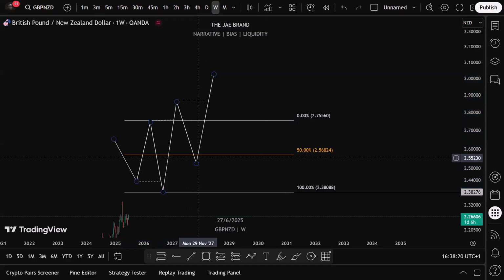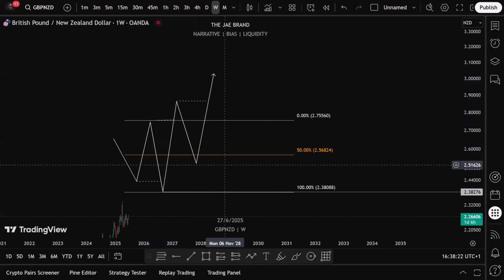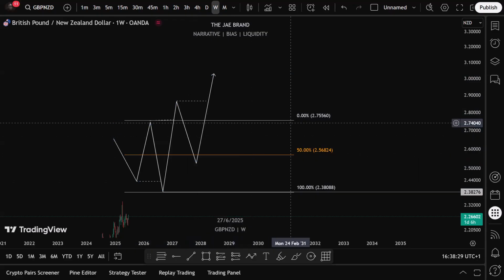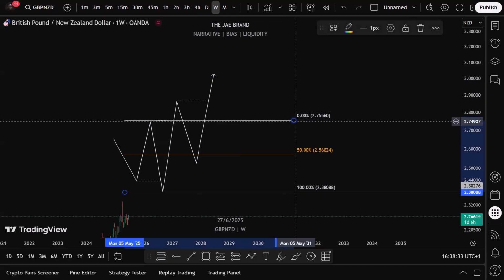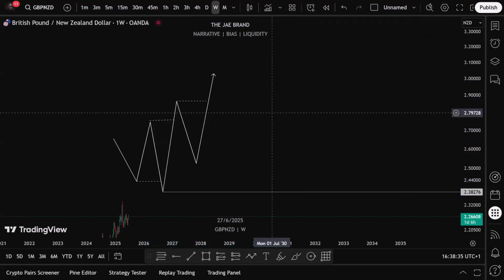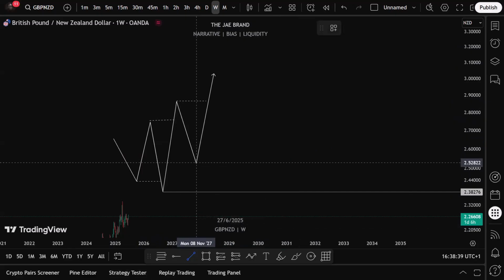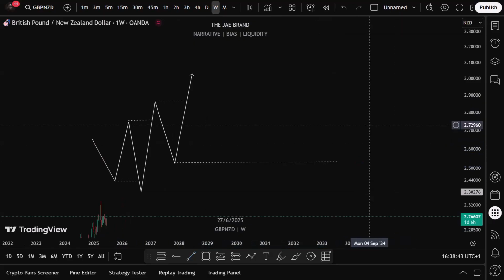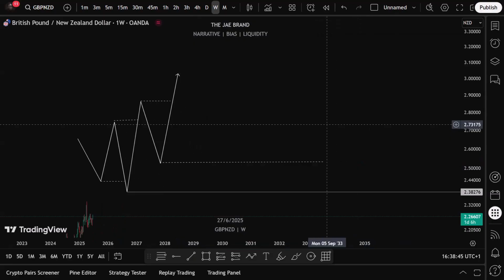So I must have my structural liquidity within the discount area of my swing structure. If it is not within that discount area, that means it is really not going to be valid. Now you can take off your FIB tool. This low is protected. This happens to be my structural liquidity. I want to always see price take out my structural liquidity before I consider buying that market.